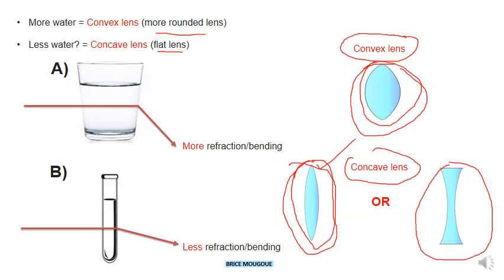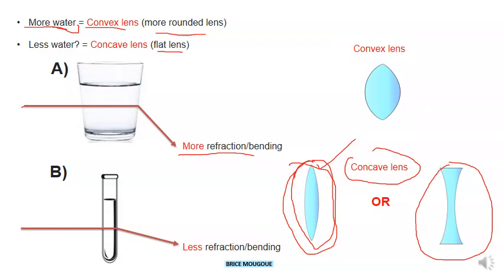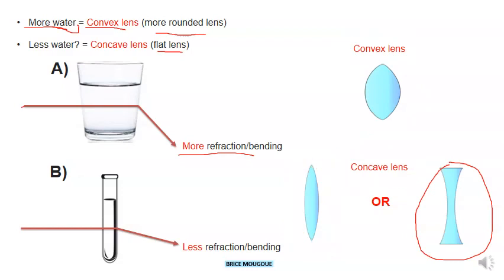So I'm starting to link up the lens of the eye now with the amount of water. It means more water causes more refraction. My more water is the same as more convex. Why? Because when I'm passing through the lenses, the one that will present more water in the path of light.